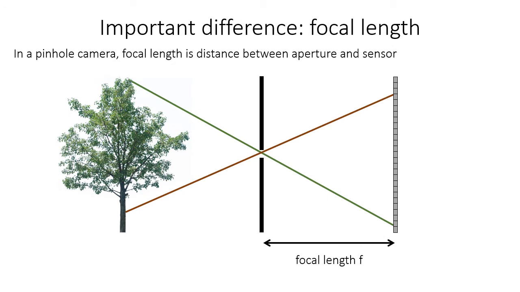Let's see the important difference between the pinhole camera model and the lens camera model. It is the focal length. In a pinhole camera, focal length is the distance between this aperture, barrier, and the image sensor, the image plane. So it is f from here to here.